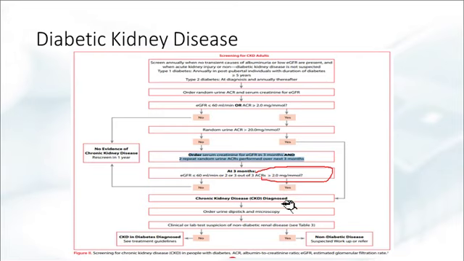Guaranteed, right? So once you've established the diagnosis of CKD, you then order urine dipstick and microscopy. The reason you'll do that is you want to exclude all the potential other causes of CKD.